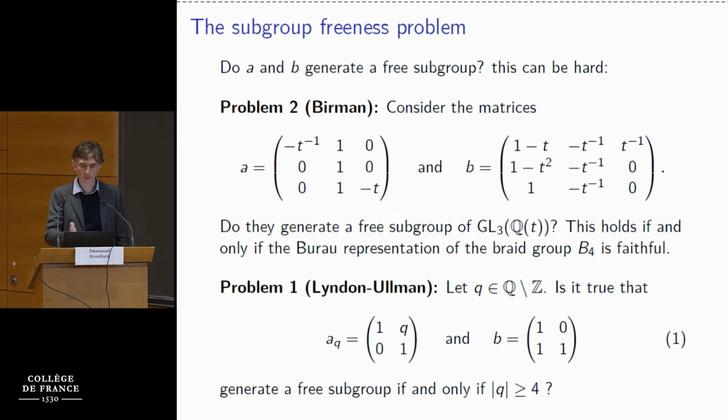In fact, before we knew that braid groups were linear, it was thought that maybe the Breuillard representation was faithful. And it may still be the case, but we still don't know. But the fact is that the Breuillard representation is faithful if and only if these two matrices that you see here, and they are in GL3 of Q of T, where T is an indeterminate, generate a free subgroup.